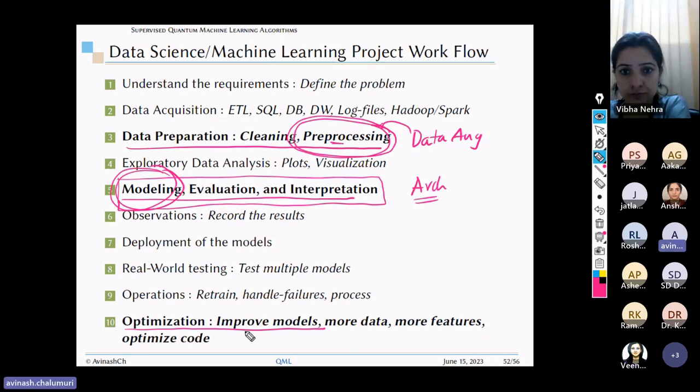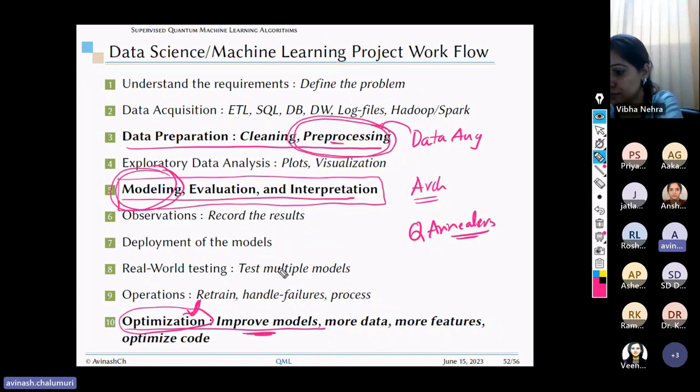Then you can also improve your models and use optimization. There is another research area called quantum annealing, where quantum annealers are used to optimize many mathematical problems. So you can also look at this area.